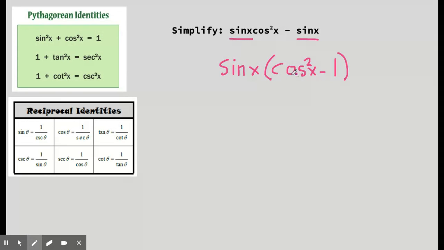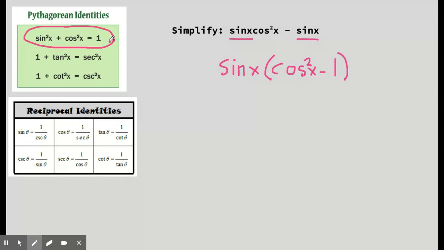Now, if I look at this, this is super, super close to something that I need. So clearly this is the one that I'm working with. So if I were to subtract cosine squared x from both sides, that would give me 1 minus cosine squared x. So that means that these signs are the opposite of what I need.